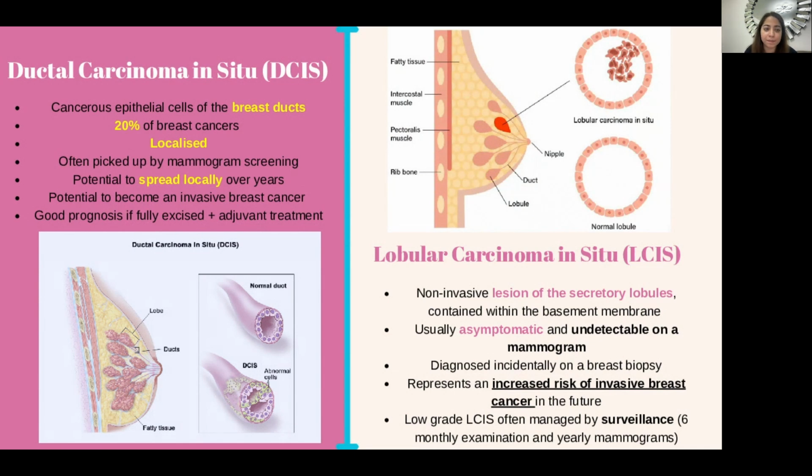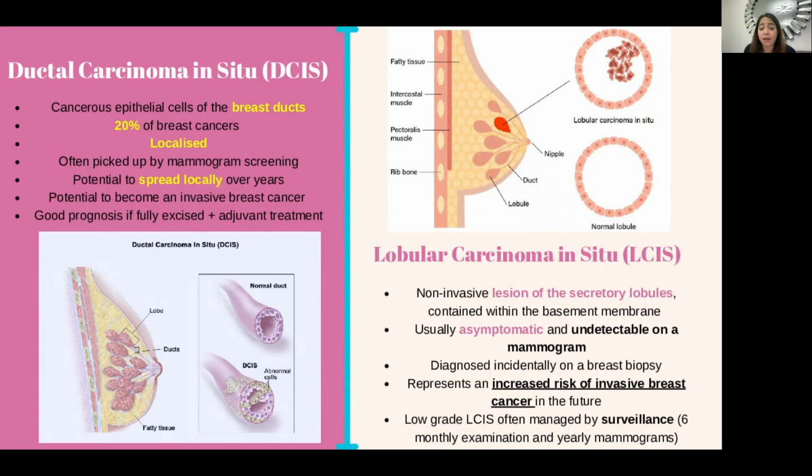So that's something to be aware of when you have patients with family histories. Just because they don't have symptoms or a lump doesn't mean that they are completely risk-free and that they don't have a lobular carcinoma in situ that's just not been picked up by screening. They also pose an increased risk of invasive breast cancer in the future. So again, that's something to be aware of.